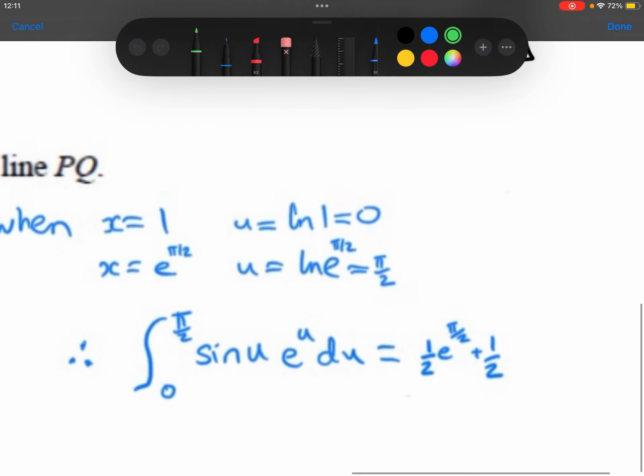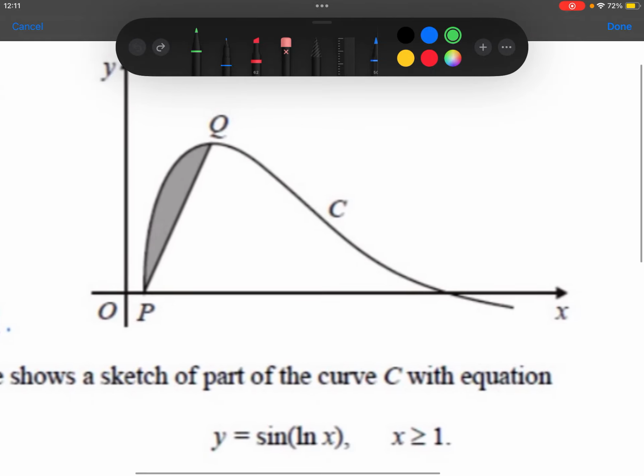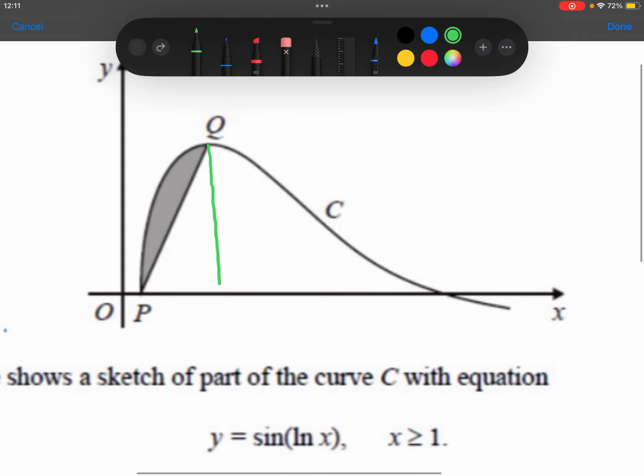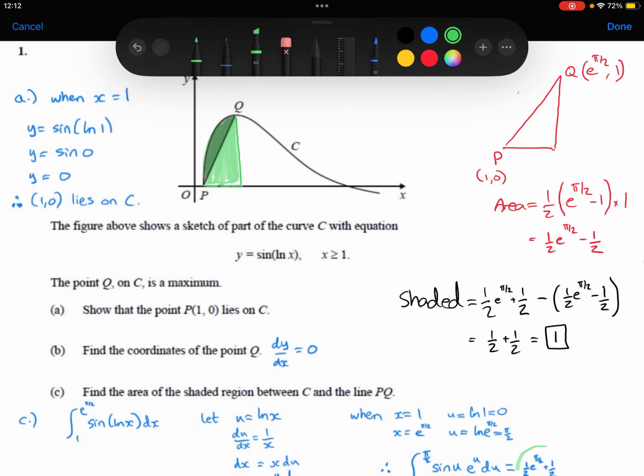So that is what allowed me to say that on the other page. So I've worked out so far that the area underneath the curve between those two limits, all of that is the half e to the pi over 2 plus a half.